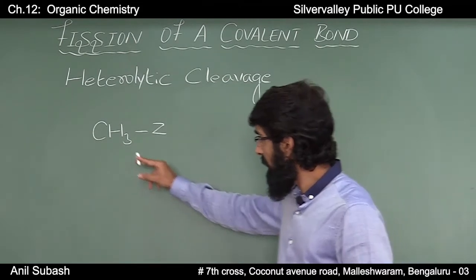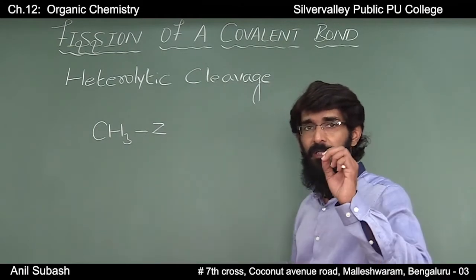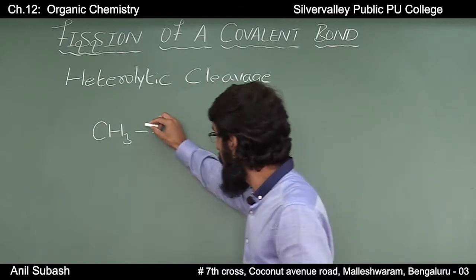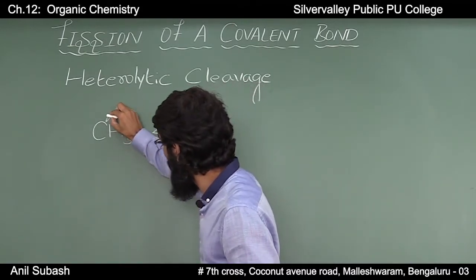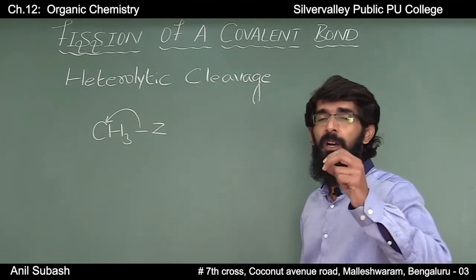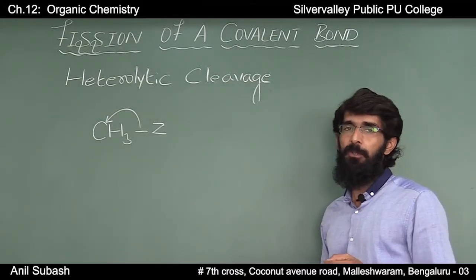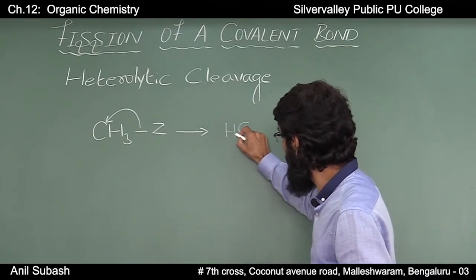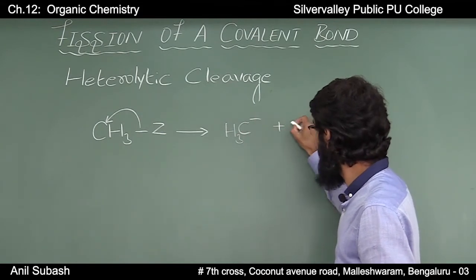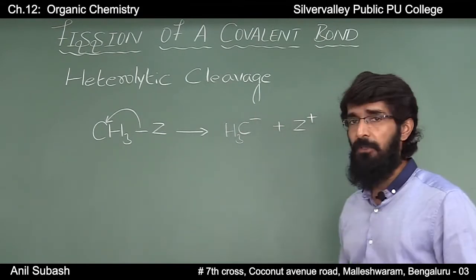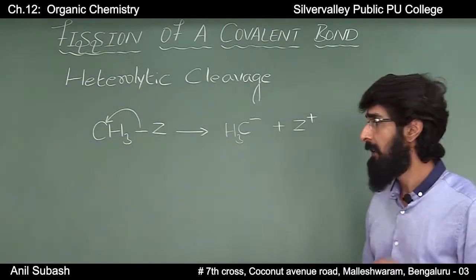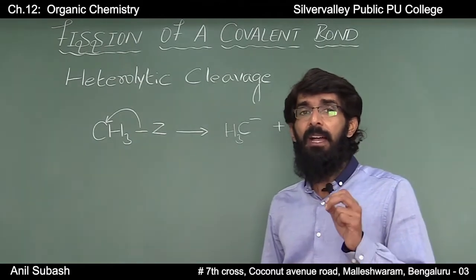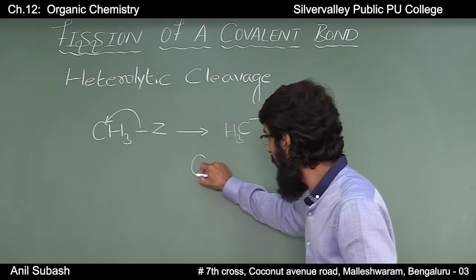Now, the bond between this carbon and Z will undergo heterolytic cleavage, wherein both the shared pair of electrons will move along with the CH3 group, and in this case the CH3 group will carry a negative charge and the other species Z will carry a positive charge. In this case, the carbon is carrying a negative charge and it is known as a carbanion.